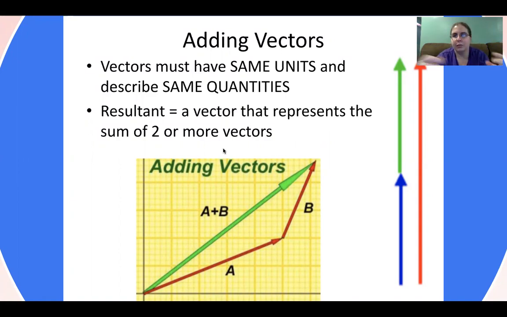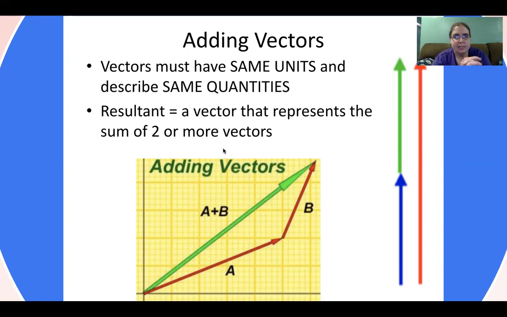So you would have to do some dimensional analysis to put them into the same units. Apart from that, like it says, same quantities, you can't add a velocity vector with a displacement vector. They have to be the same quantities, describe the same idea, as well as be composed of the same units.